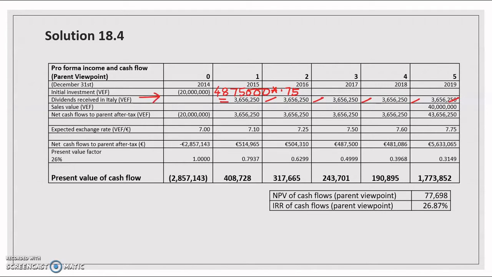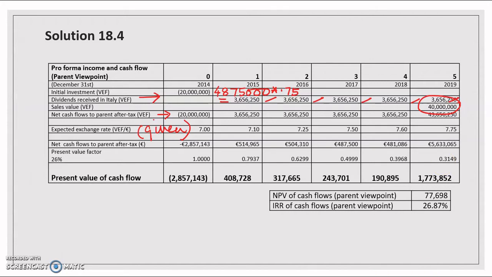Okay, then we go on to find the sale value, which is your income. We will then find the net cash flows. Apply the exchange rate, which has already been given in the numerical, and continue to find your calculations.